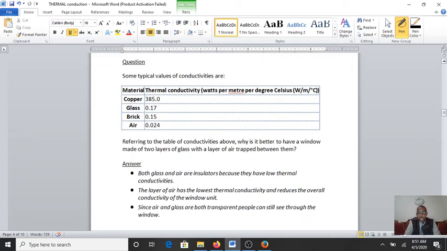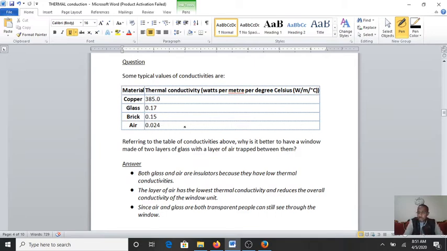Now there is a question here, and you have to look at this table carefully. You see copper, its thermal conductivity in watts per meter per degree Celsius is around 385. Glass 0.17, brick 0.15, and air is 0.024.